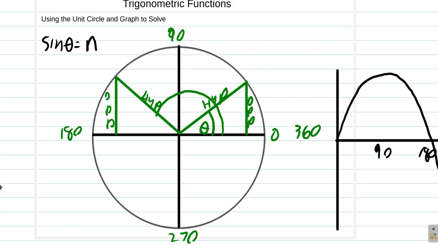So to get that angle, you'd have to go to 180 and come back by theta. So what you have is sine theta is the same thing as sine of 180 minus theta. You can try it and see.